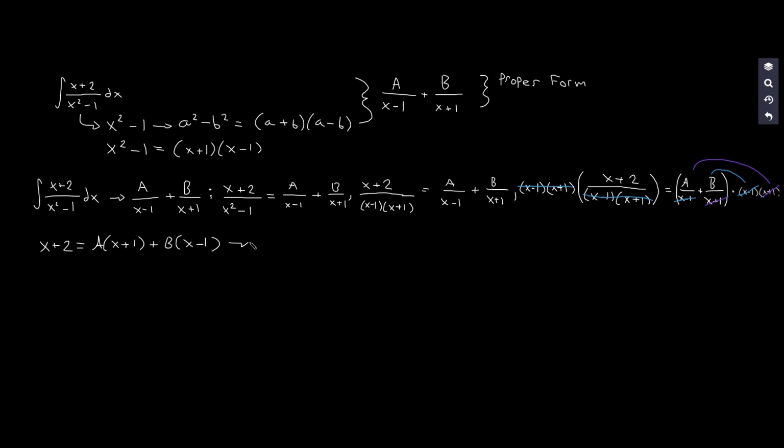Okay, and then we'll do some distribution here. Say x plus 2 equals ax plus a plus bx minus b. I'm pretty sure. So just notice that the factor x minus 1 cancels with the first term on the right-hand side, and then the factor x plus 1 cancels out with the second term.